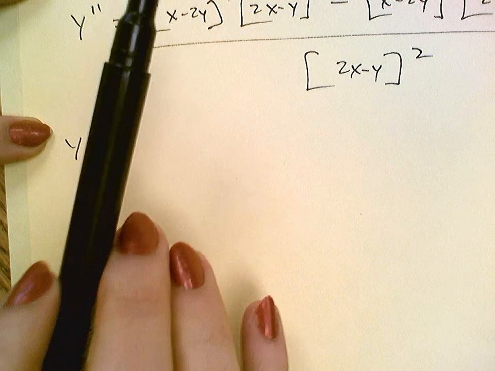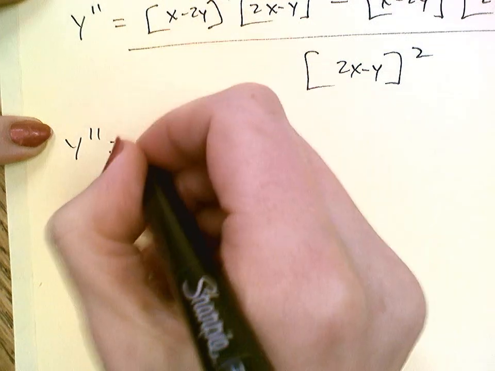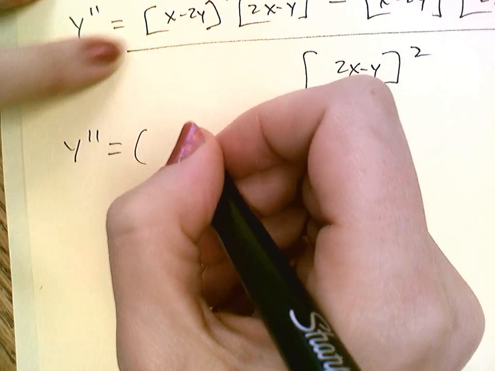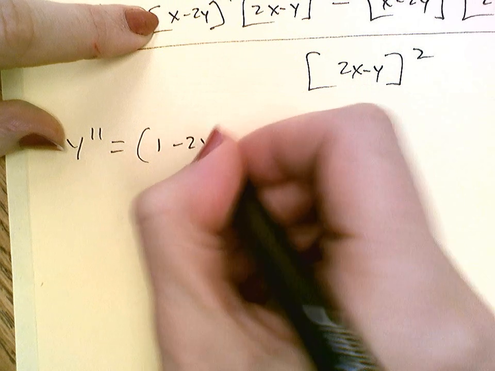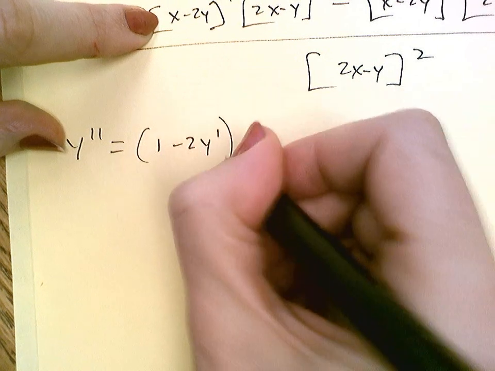Okay, so the derivative of this is 1 minus 2y prime.